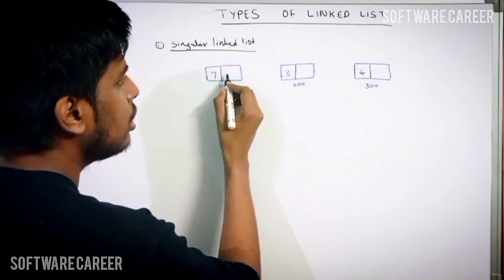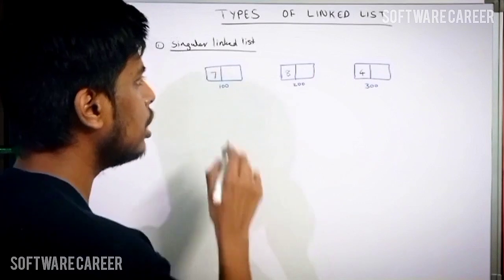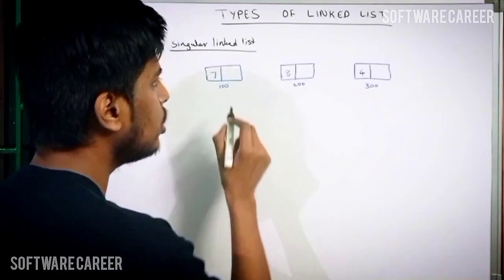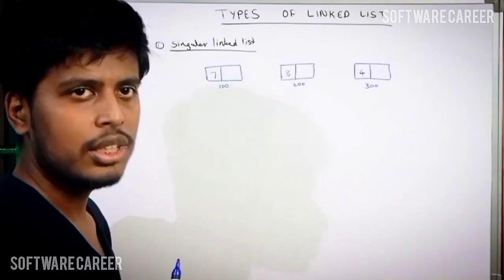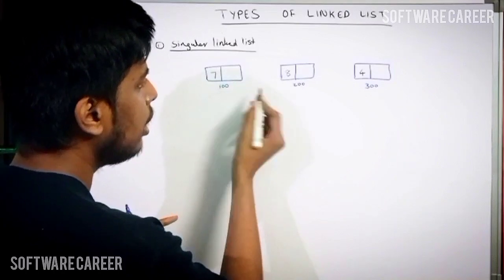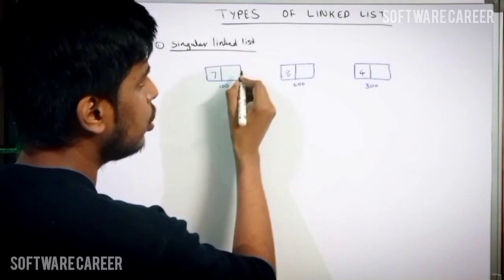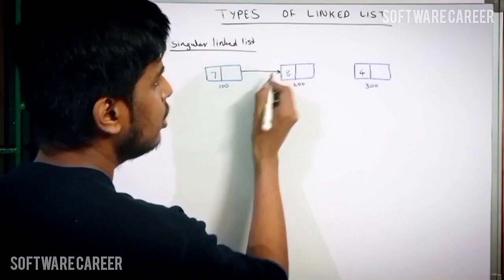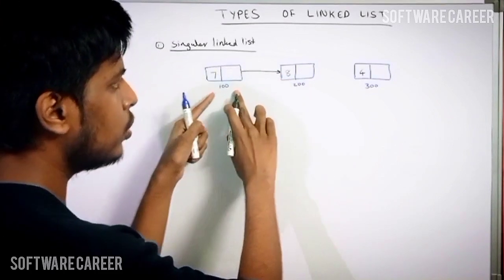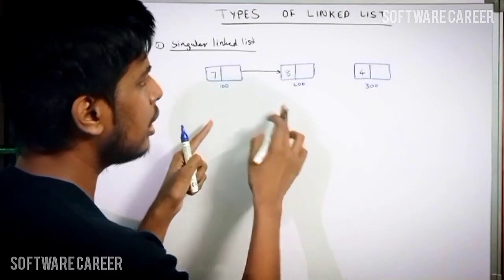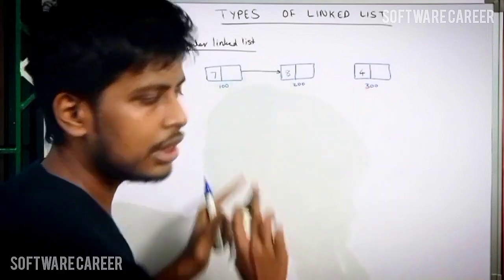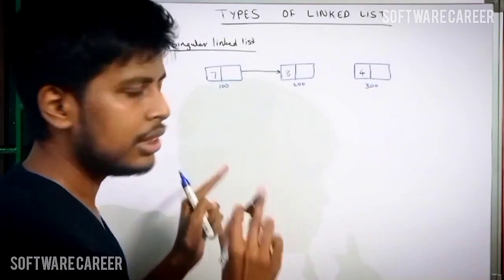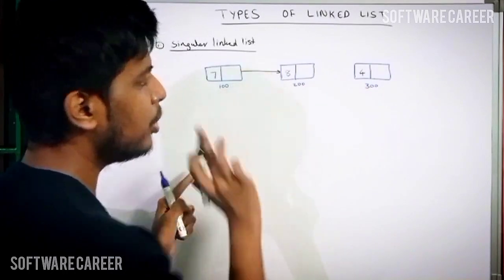Now what is this part? This second part is known as pointer. Pointer stores the address of next node. See, suppose in singular linked list you have to create a link because this is the first node. You don't know which is the second node. This is the second node or this is the second node. So to identify which is second node, you have to create a link between them.